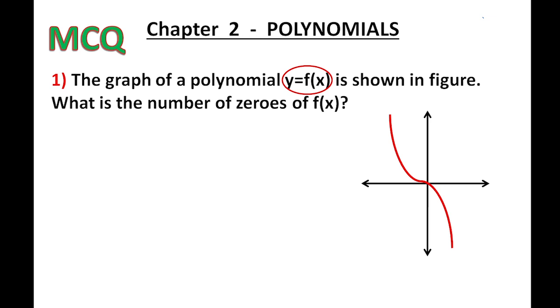So we must look at the x-axis. See, I have changed the color of x-axis so you can easily understand. We must look at the x-axis and find out the number of crossing points. That means the graph cuts the x-axis at only one point.